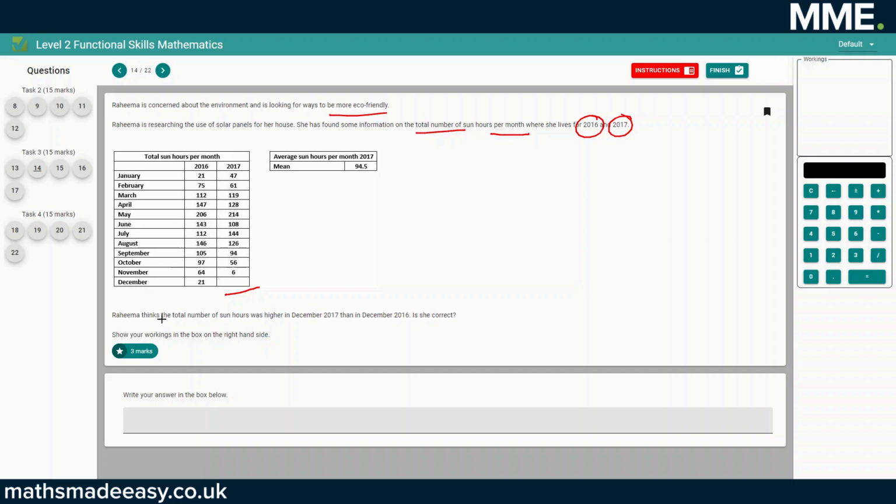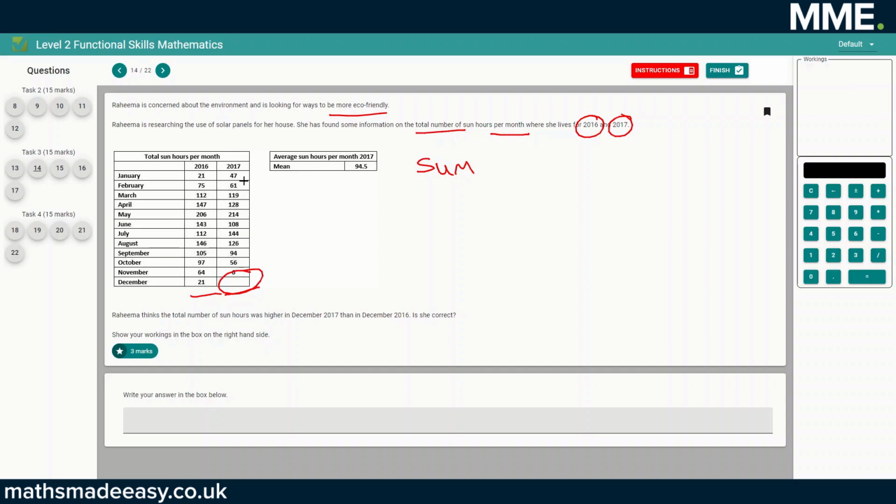What the question's asking is Rahima thinks that the total number of sun hours was higher for December 2017 than in December 2016. So what we're going to have to do is find this missing data point and compare it to see if it's higher or lower than 21 sun hours. So typical mean calculations, what we do is we sum all the values given for that year.